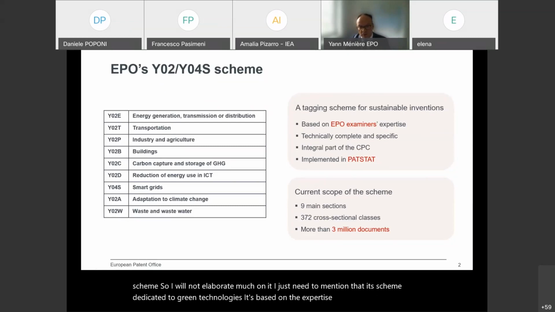We have 4,000 highly specialized examiners at the EPO, and they are the ones producing the preparations behind the tagging. It's part of the cooperative patent classification, meaning that there is a commitment to maintain it over time. And it's distributed for free with our PatStat database and other EPO patent information products. It's really meant to enable further research and exploitation of this data by academics and by policymakers.